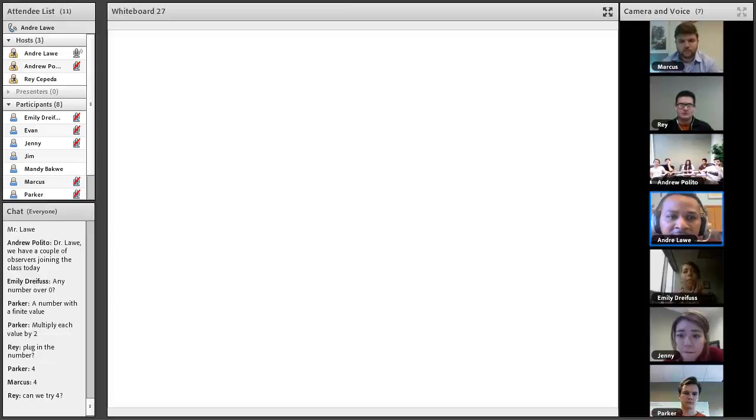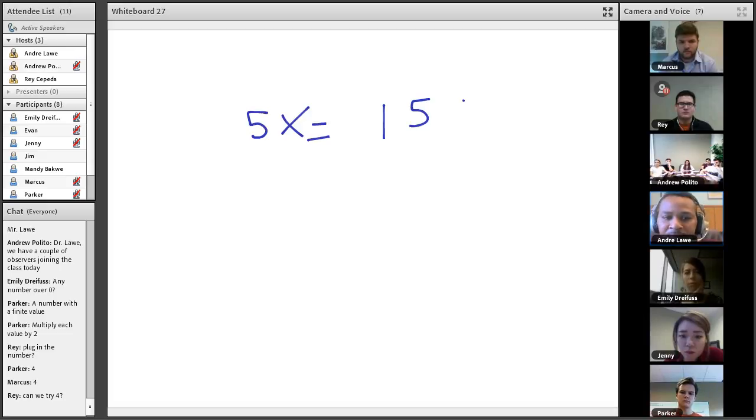Let's say we had 5x equals 15. This expression on the left, 5x, means 5 multiplied by x. And so we'd use the inverse operation this time, which is division. So we would divide by 5 on both sides, and that would give us a solution of x equals 3.